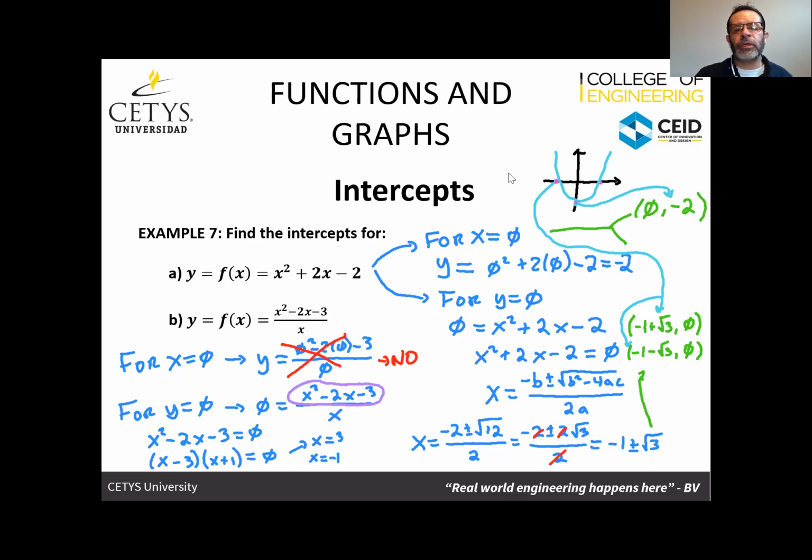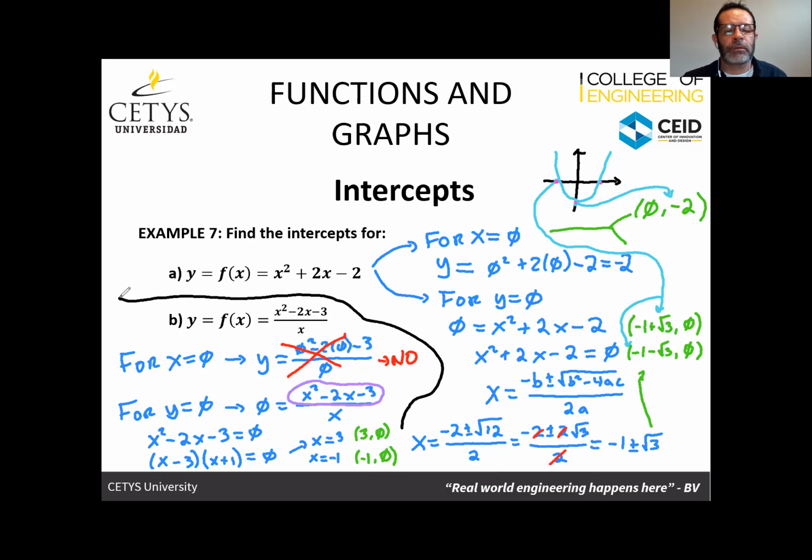That would mean that the two intercepts for this one would be at 3, 0 and -1, 0. So the only thing we're doing right now is, again, finding the intercepts. I'm just going to draw a line here to separate this one.